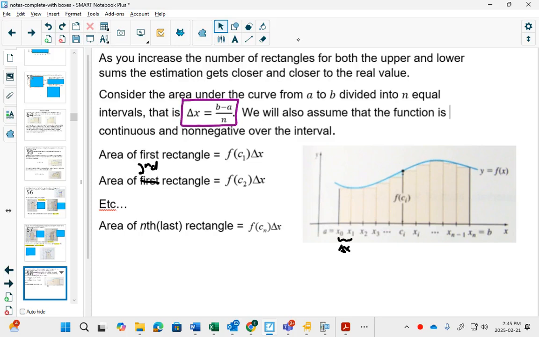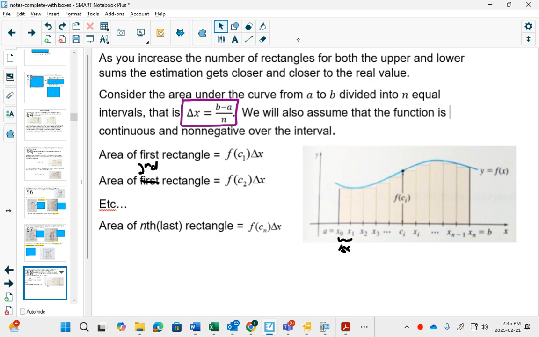Actually, in this one, if I look at my rectangles, doesn't it look like it's choosing the left side of the rectangle, not the right side? So the area of the last one would be whatever our last term is. Oh, I'm looking at my diagram.